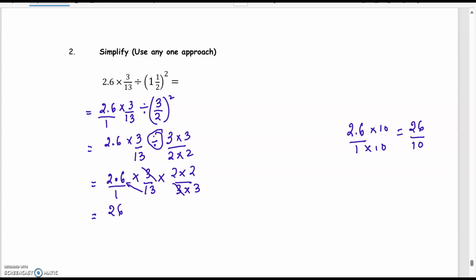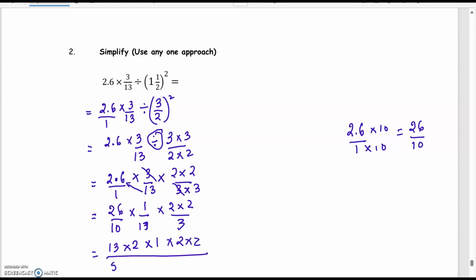So we have 26 over 10 times 1 over 13 times 2 times 2 over 3. 13 times 2 times 1 times 2 times 2 over 5 times 2 times 13 times 3.